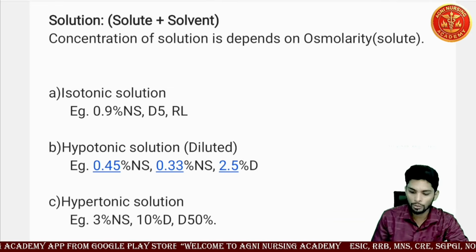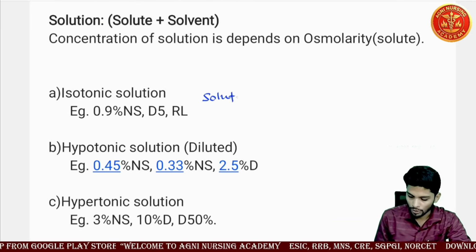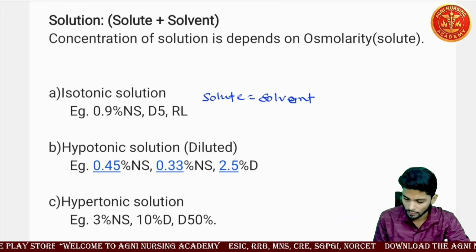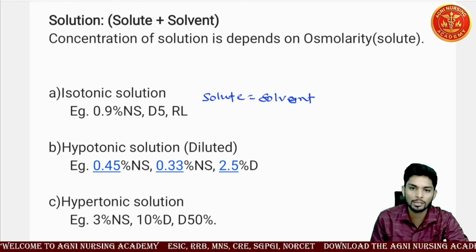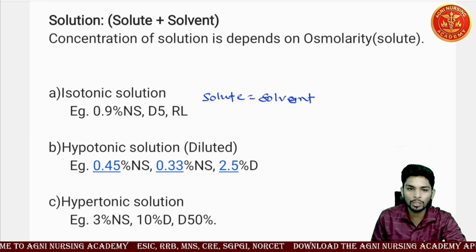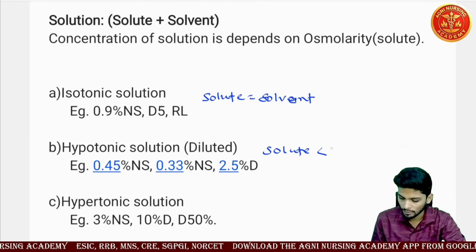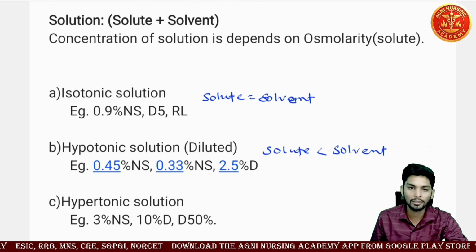So in isotonic solution, the concentration of solute is equal to the concentration of solvent, meaning the amount of solute is equal to the amount of solvent. In hypotonic solution, the concentration of solute is less than the concentration of solvent, meaning the solution will be diluted.